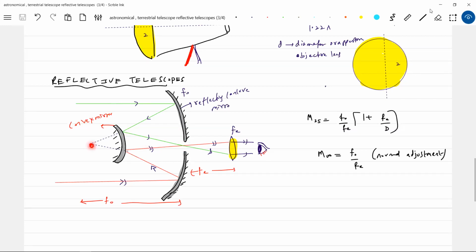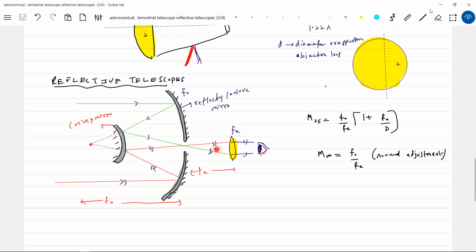Now, can you move this as you can move this convex lens? You can move. So if you adjust this, and it is at the focal length, what happens? After reflection, if this is the focal length of the convex mirror, then these rays will become parallel, no?